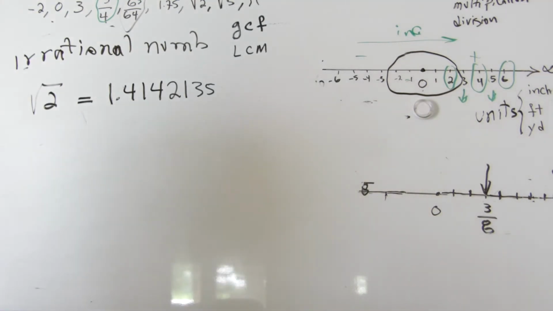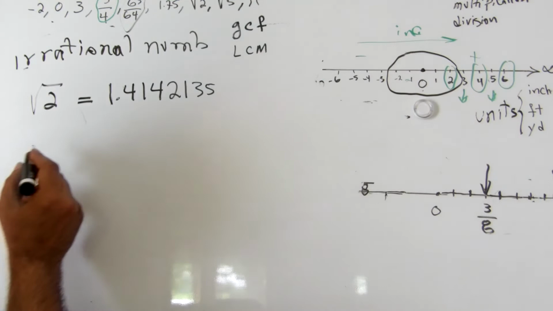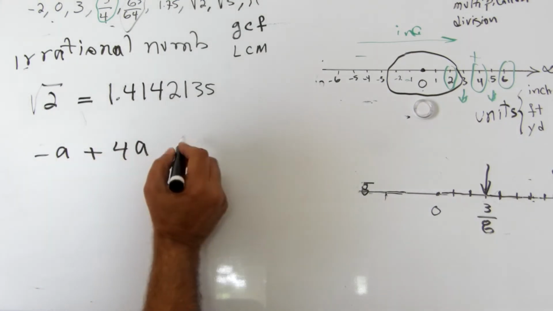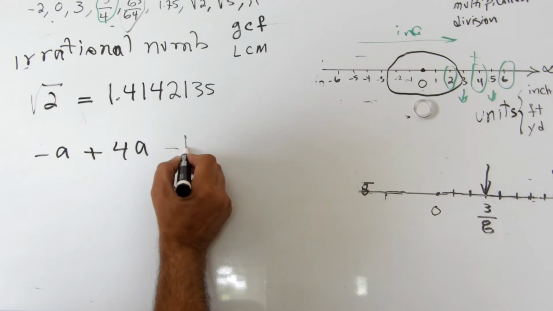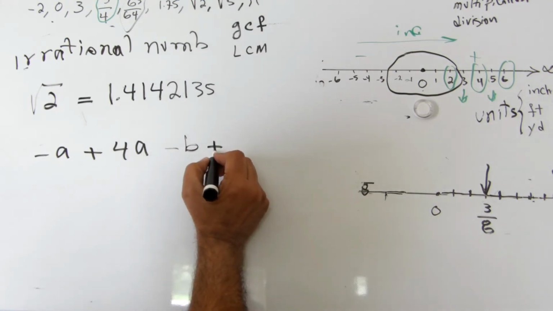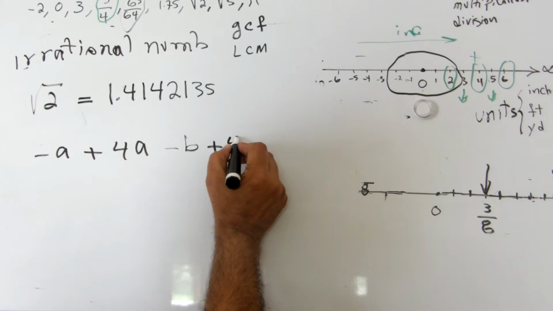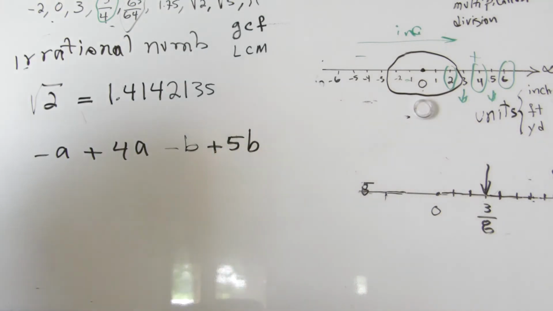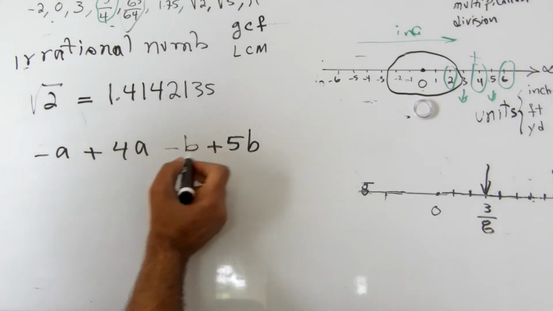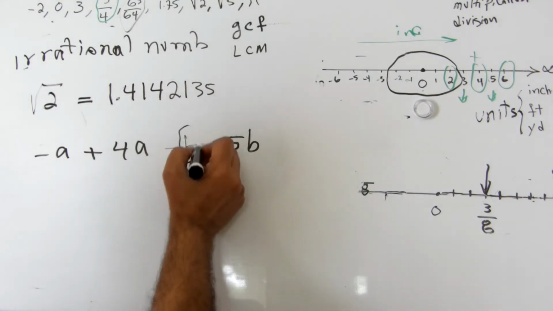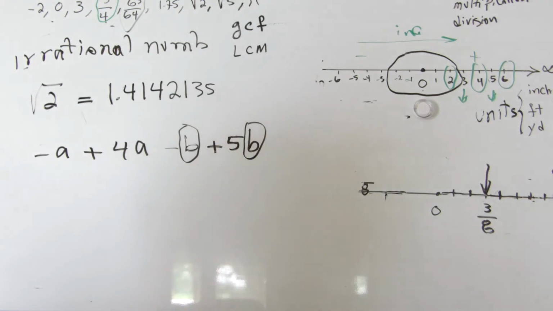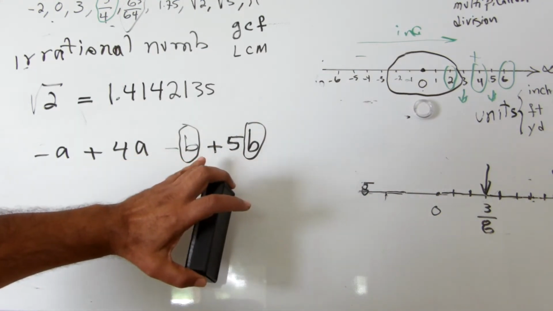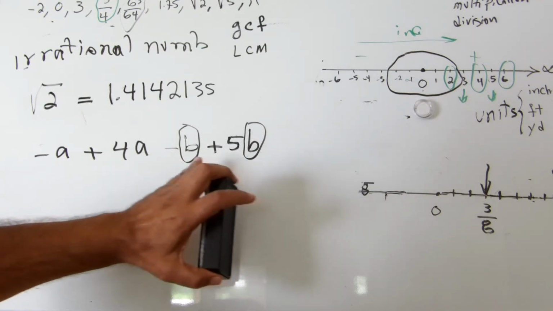In other things, like we have minus a plus 4a, and then we have minus b plus 4 minus 5b. See, you cannot add all this together because this is b. We look at the coefficient, no problem, but the variables here are different.